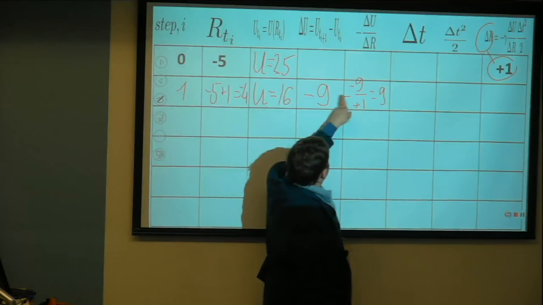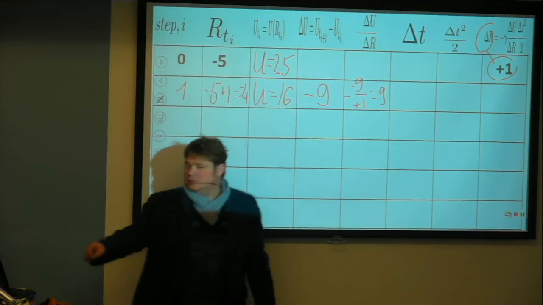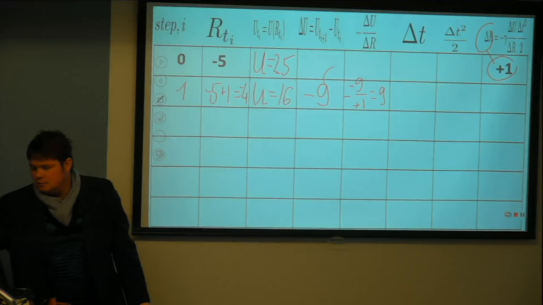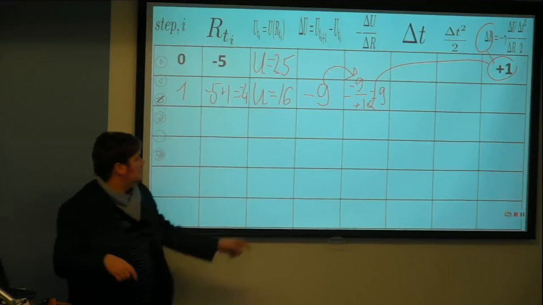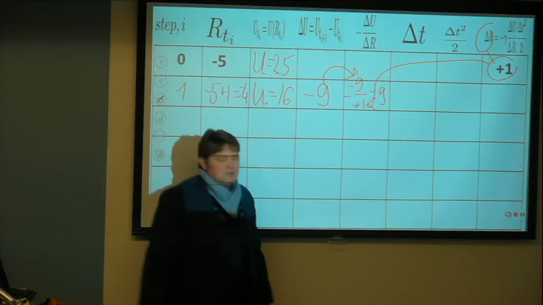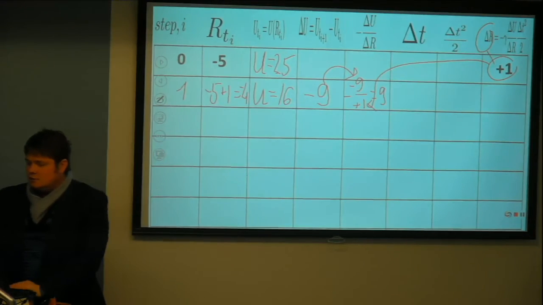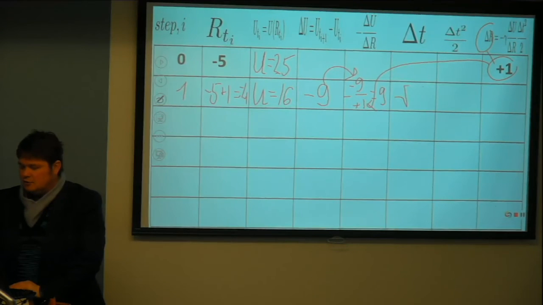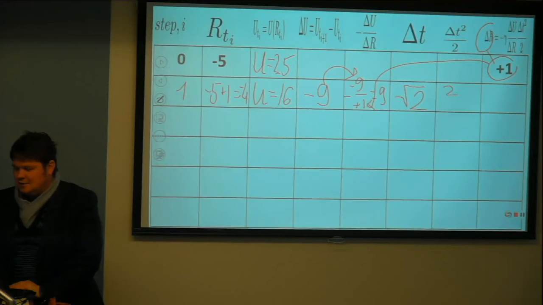So minus 9 goes here, plus 1 goes there. Minus cancels with minus 9. So delta t is chosen to be square root of 2, just to simplify our life so that delta t squared divided by 2 will be 1.